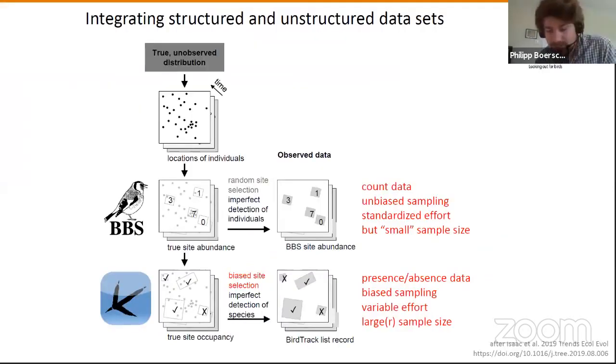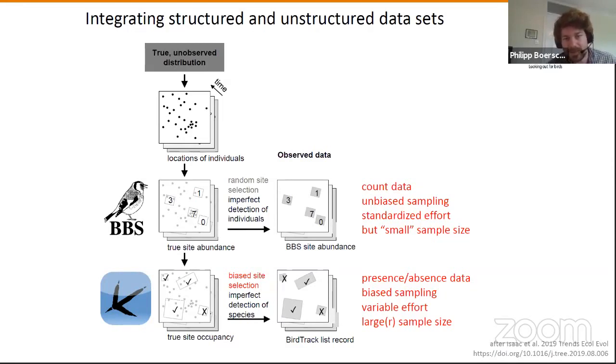And so we try to integrate those two data sets using a conceptual framework that is described in this trends tree paper that Nick Isaac led, where we have this idea that there is an underlying true unobserved species distribution, and then we have two sampling schemes, one where we randomize counts, get an unbiased abundance data set with standardized effort, but even though it's huge coverage, it's still a relatively small sample size.